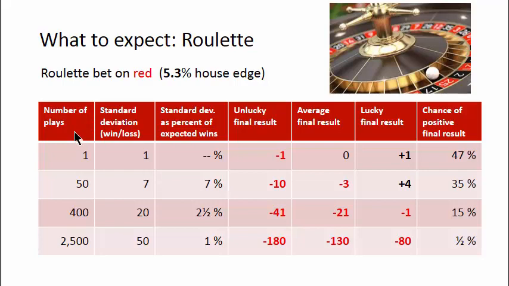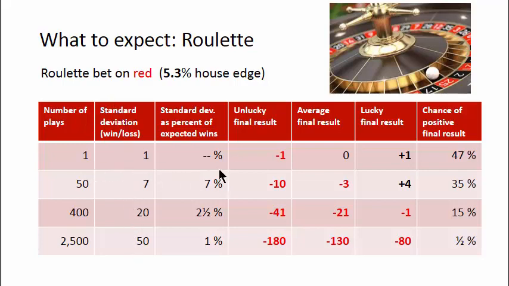Here's the table for the roulette even money bet. The number of plays in this column represent one single spin and roughly 1 hour, 1 day, and 1 week of playing roulette, 1 bet per spin. The standard deviations are the same as before.